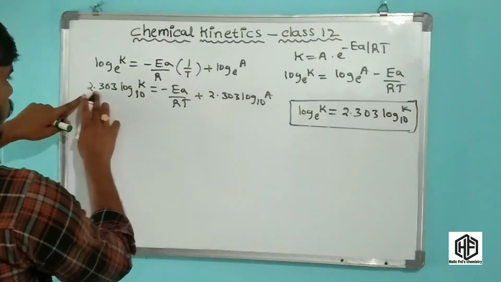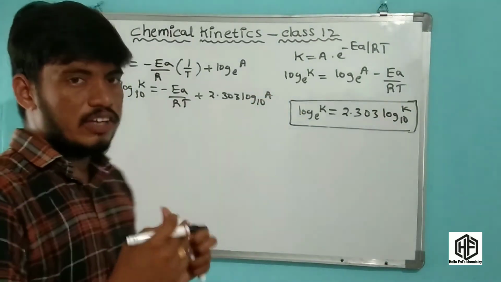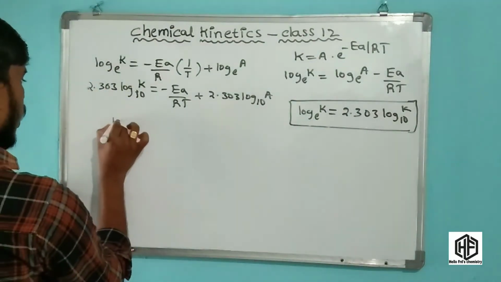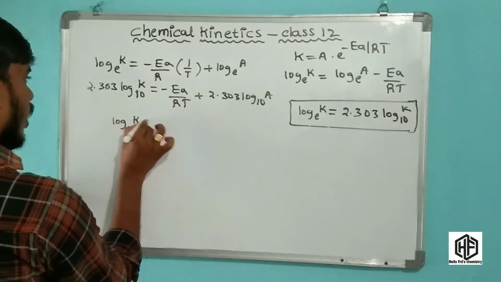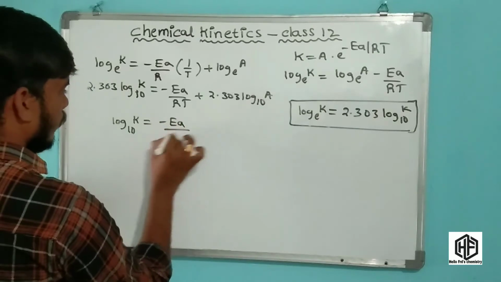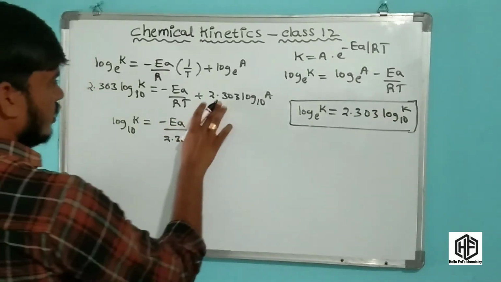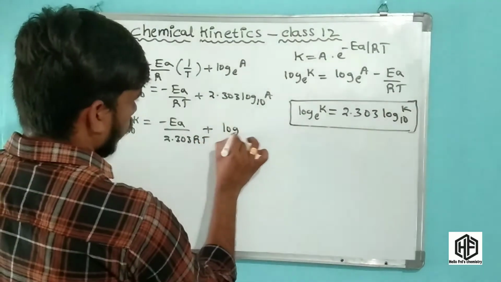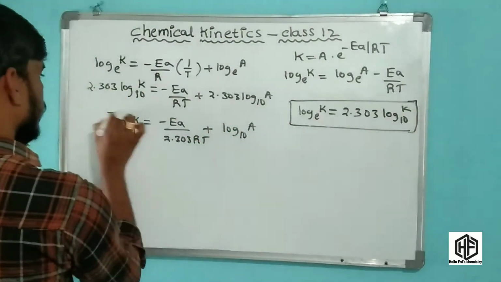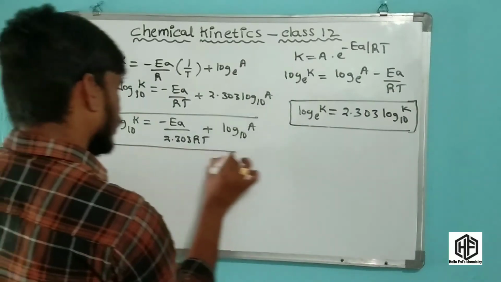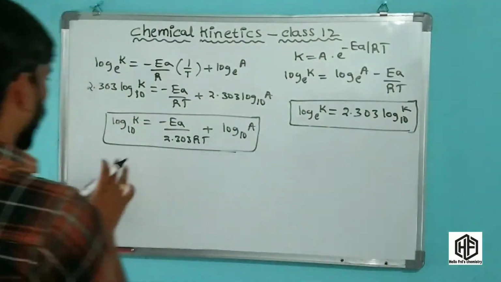Now this 2.303 is divided on both sides. What happens, friends? log k = -Ea/(2.303 RT) + log A. This is one more important equation in log base 10.